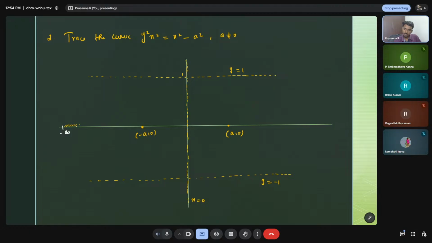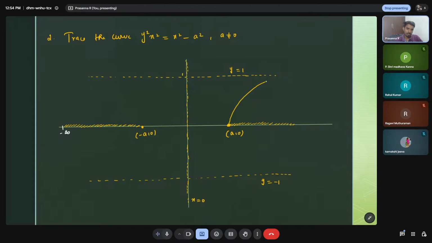So here the function is defined from minus infinity to minus a, and from a to infinity also the function is defined, right? And the curve has to pass through this point. The function is defined to the right of this and to the left of this, and we have an asymptote here.